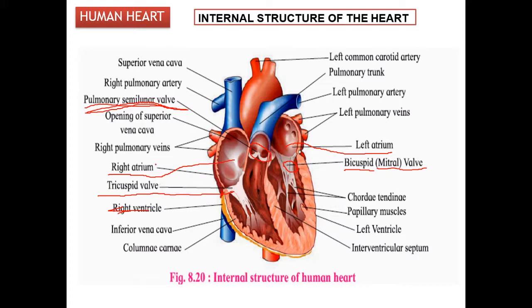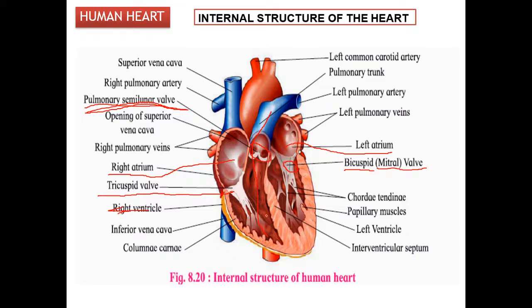Why is there a need for this type of walls? To avoid the backflow of blood in the heart, these walls are very necessary. Suppose the heart pumps the blood into the pulmonary trunk for oxygenation in the lungs. If these walls are not present, the blood pumped inside the pulmonary trunk may get back into the right atrium.